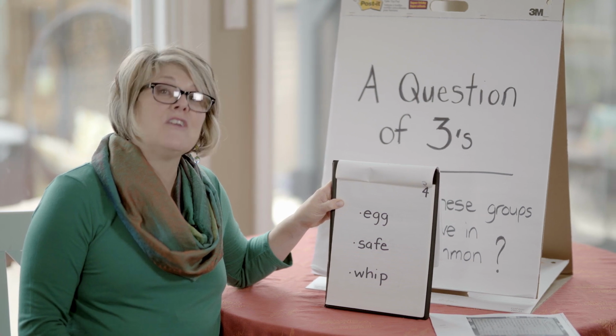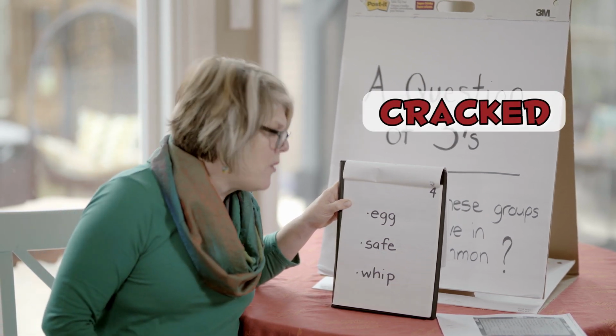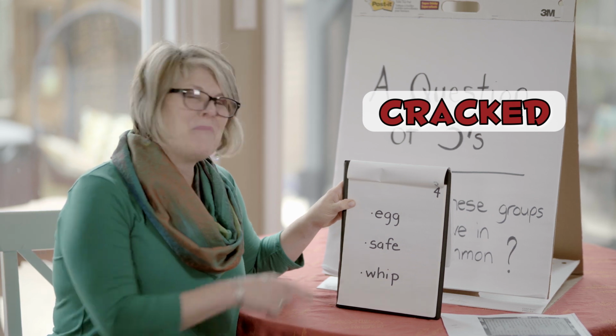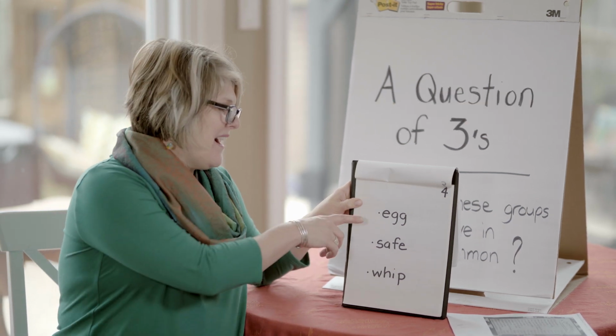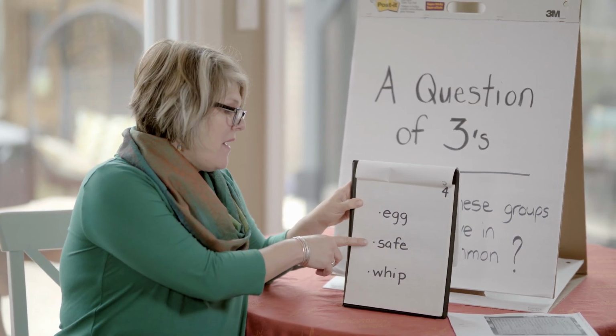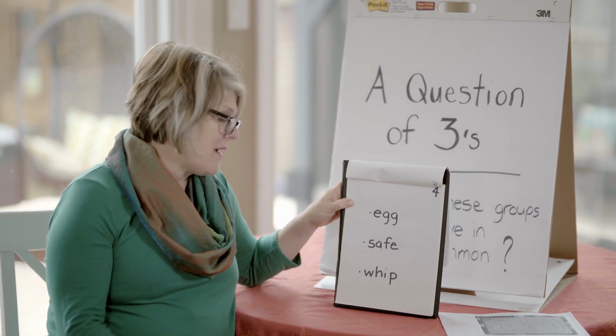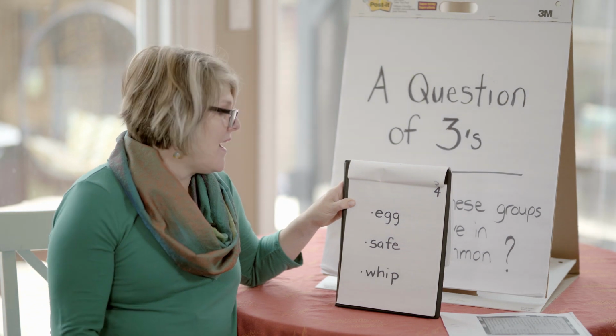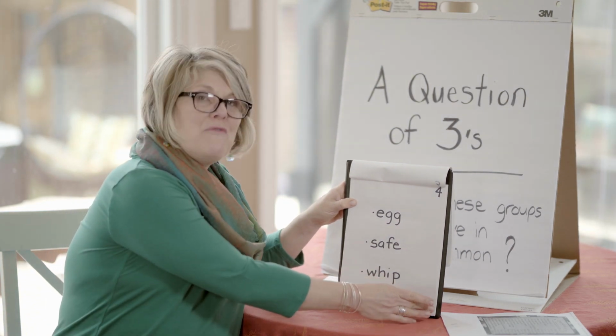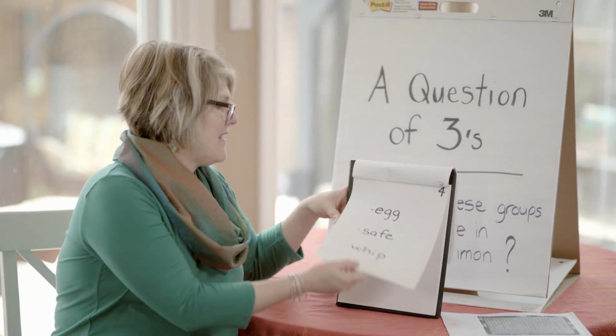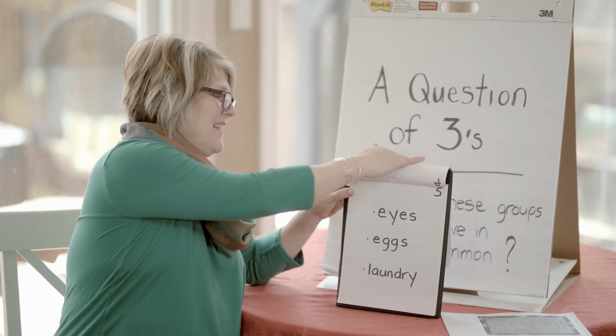They all have to be cracked. Is that right? Oh yes, okay. My printing is kind of small here. You would crack an egg, you have to crack a safe, and then you have to crack a whip. I was thinking about whipping the egg, sorry. Wrong train of thought there. Hopefully you got that one a little more easily than I did. I have the answers, so that's not saying much.